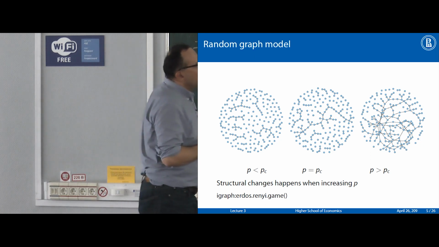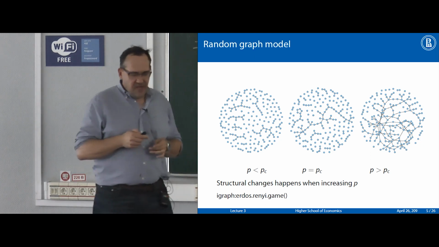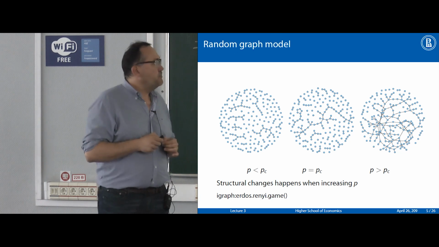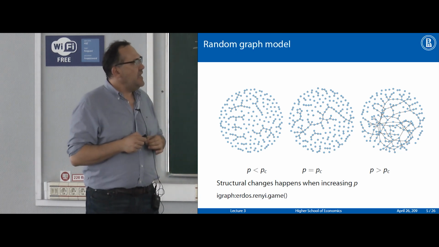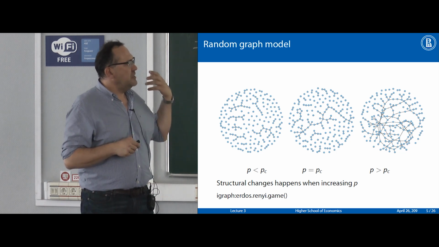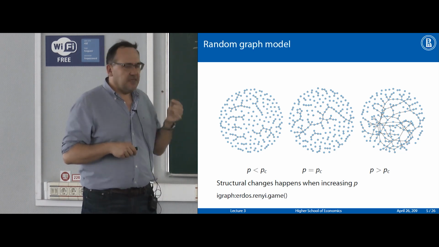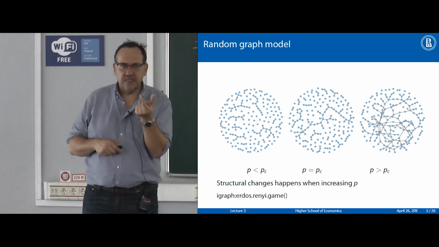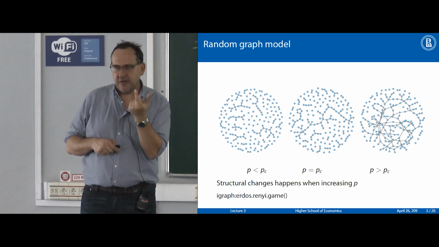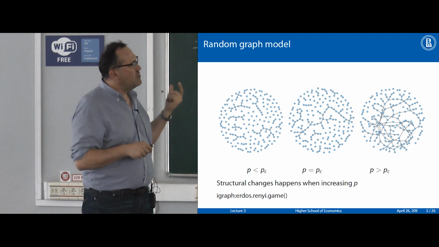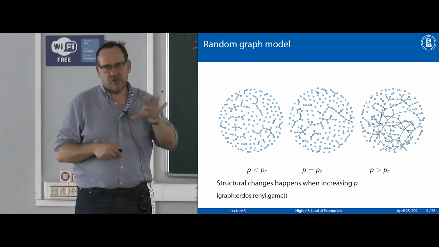Now, so what about that amazing property of the random networks? Well, it happens that depending on the probability with which you connect every pair, your graph will have very different structural properties.